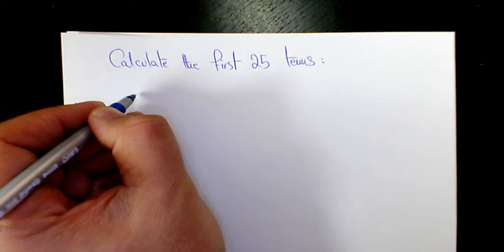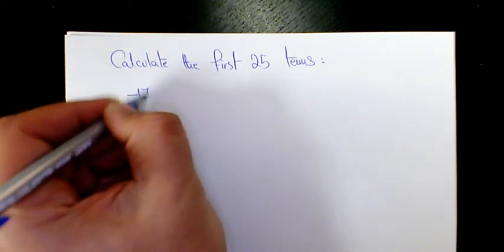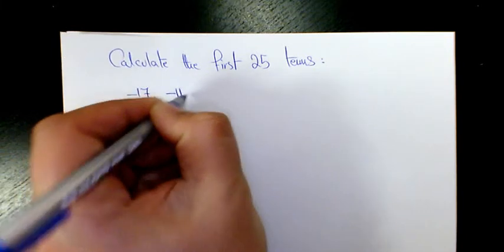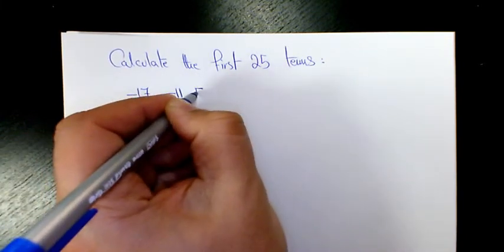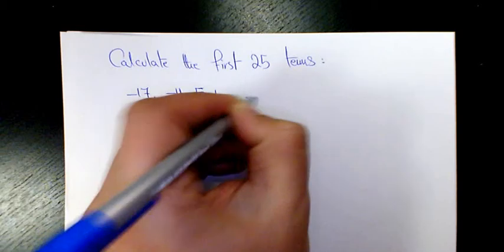So I'm gonna have negative 17, negative 11, negative 5, 1, and so on.